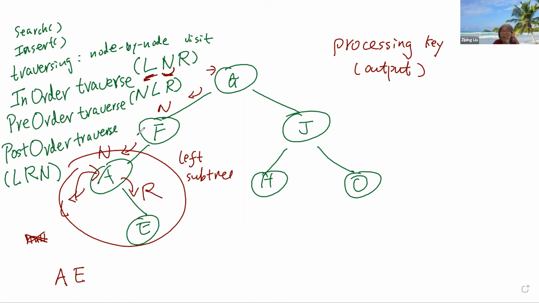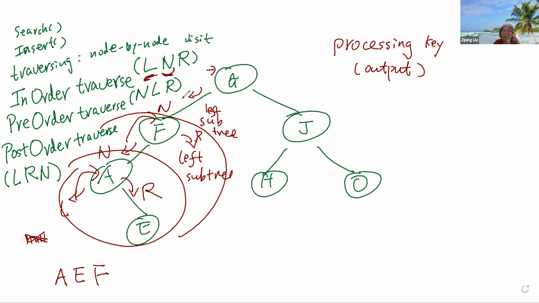Next is the node, so I output F. Then I go to its right. The right is empty, so I have nothing to output.